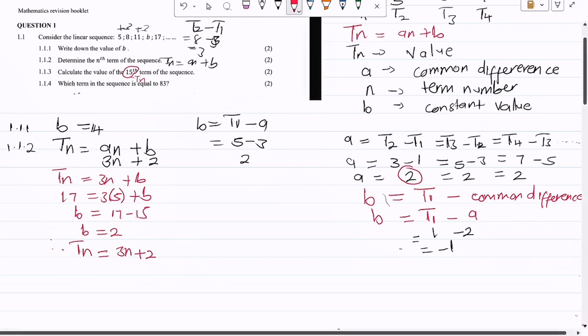And then we divide both sides by 3. n is equal to 27. So 83 is on term 27 or term number 27 or T27, okay? So we just say therefore T27 is equal to 83. That's unnecessary though, but yeah.